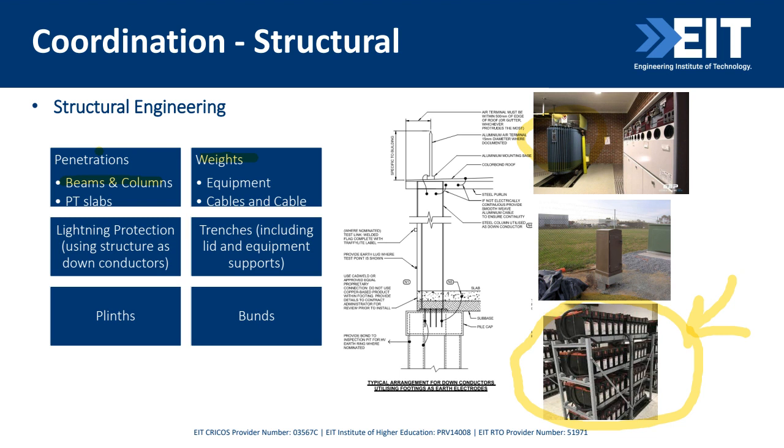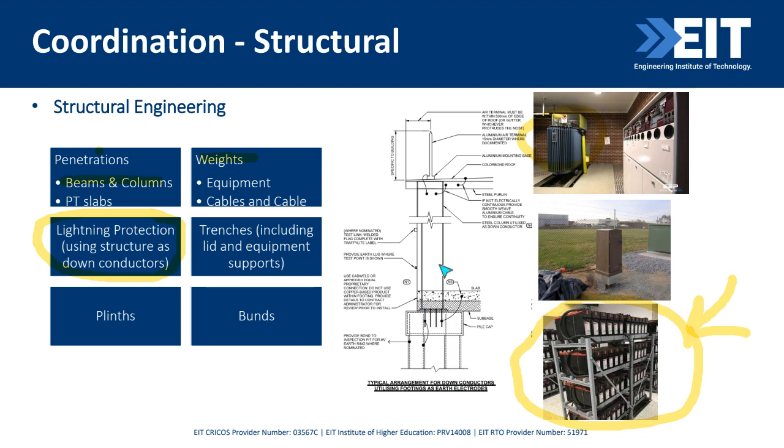The next big coordination is lightning protection. So what you can see here is a typical detail that we use for lightning protection. In this case, you've got what's known as a terminal on top, which is a metal rod, a structural steel column, and then you've got a pile cap and a footing.